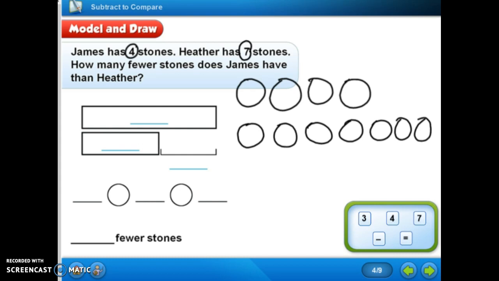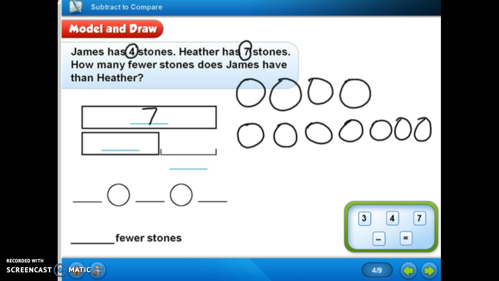Okay. Which one has more? James or Heather? Great. Did you say Heather? Yes. Heather has more. Heather has 7. So I'm going to write 7 in my longer box on my bar model.